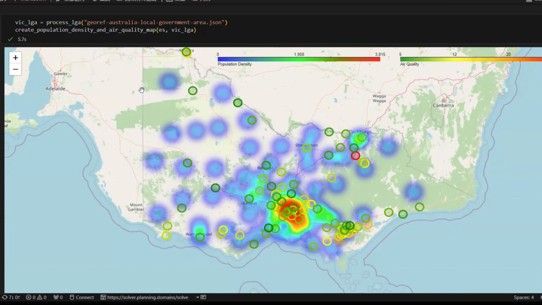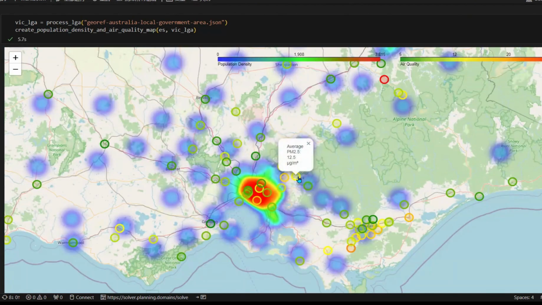Additionally, circles on the map denote air quality. Green for PM 2.5 concentrations below 10 micrograms per cubic meter, and red for concentrations above 20. Generally, air quality is good when PM 2.5 levels are below 25. Click on these circles, you can find the exact values.